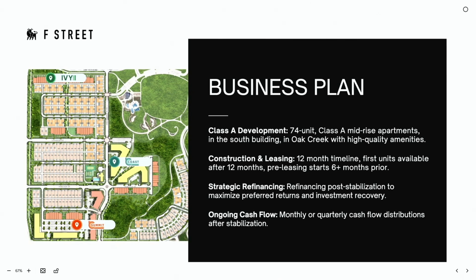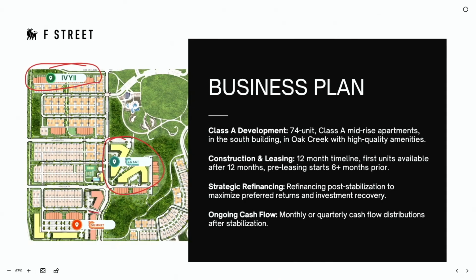Here's the site map. Coast is what I'm referencing. That's already built. 199 units, we're done. We're at 93.5% occupancy. Ivy, which is over here, is already under construction. We're at 18.8% pre-leased as of last week, and we're delivering our first buildings 1 month early. Oh, and on budget.